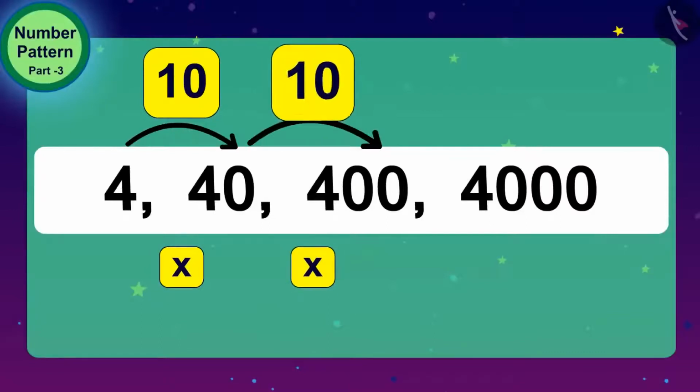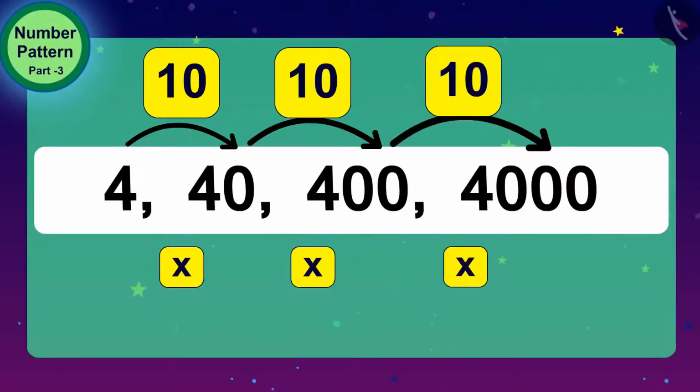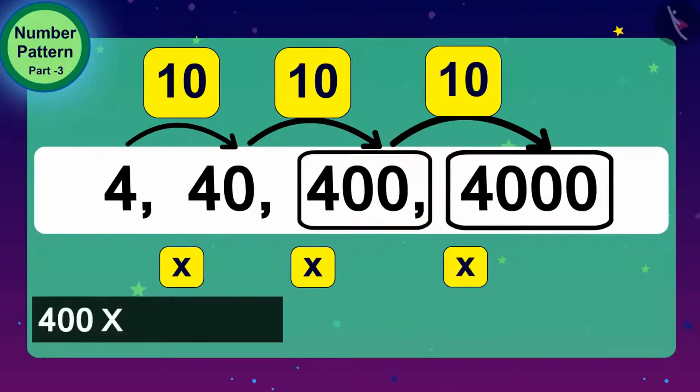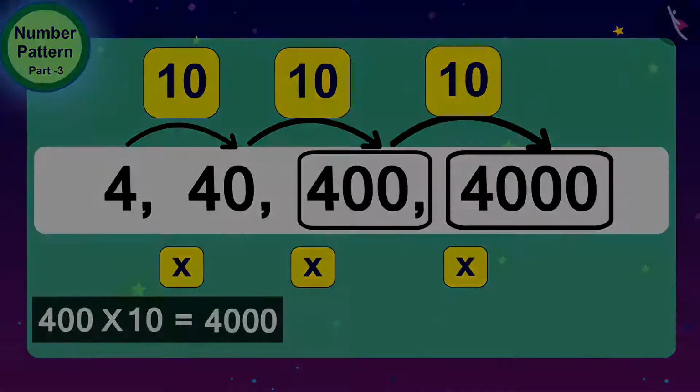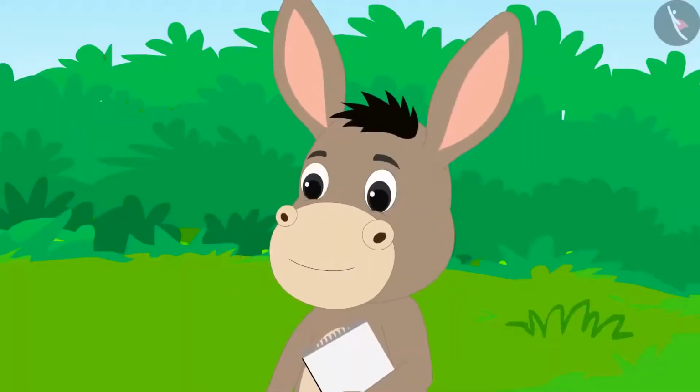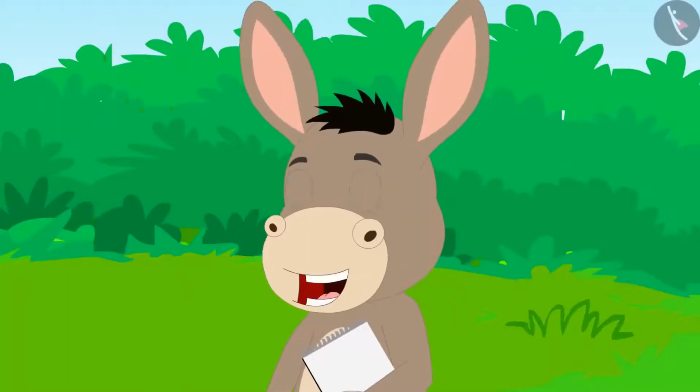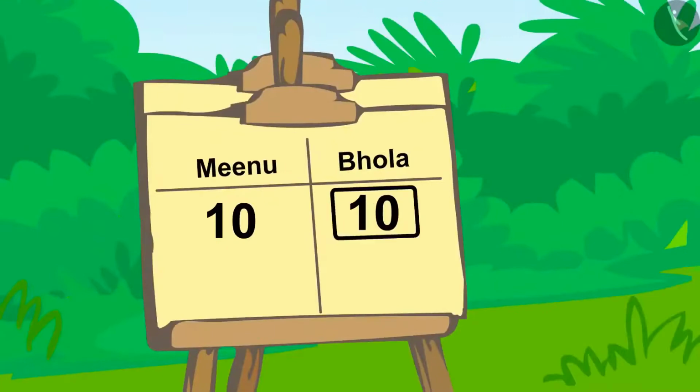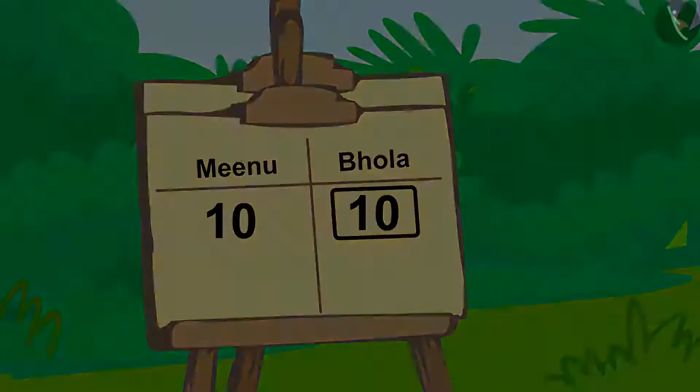We have found the rule of this number pattern. To get the next number here, we are multiplying the number before it by 10. This time, Bhola correctly identified the rule of number pattern and won 10 points.